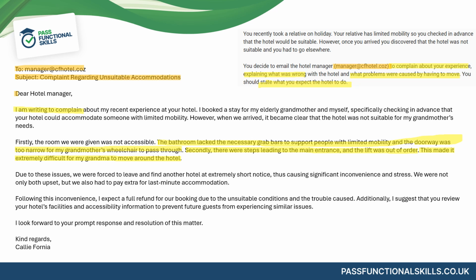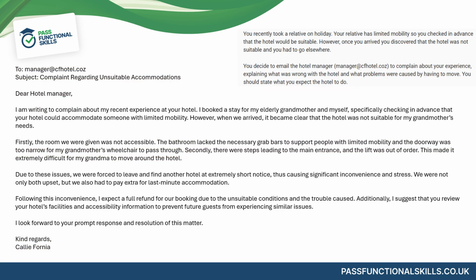We've got our appropriate greeting, dear hotel manager. Then we've got our answer written in paragraphs, and we've also got our sign off at the end followed by the sender's name. So for an email, kind regards is a good sign off for if you're writing formally. Best wishes or best is a little bit more informal.